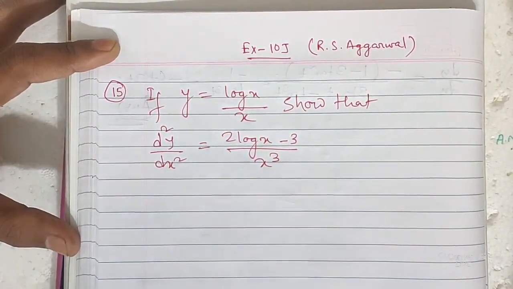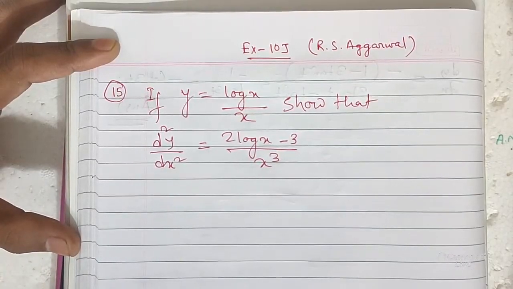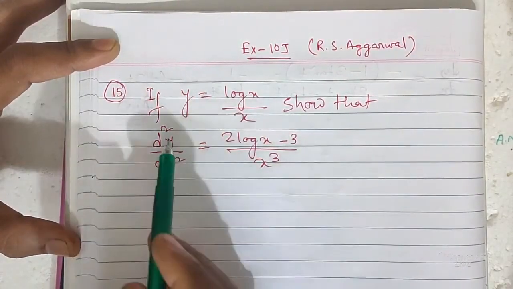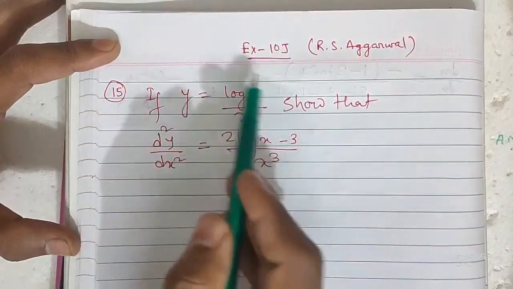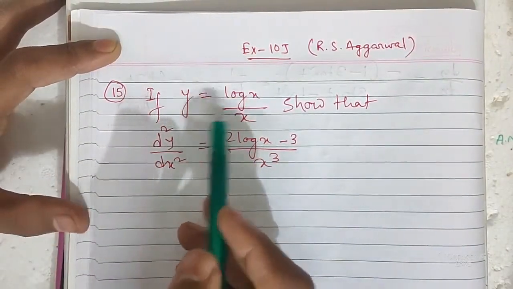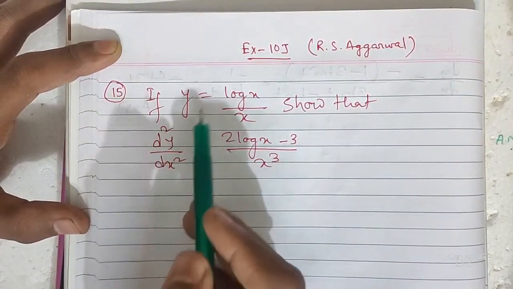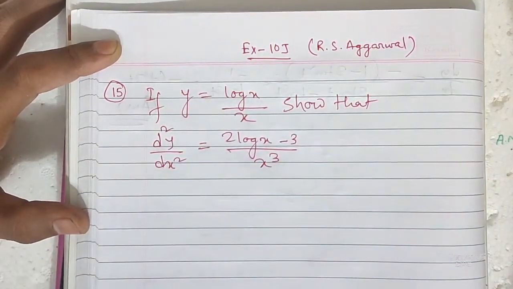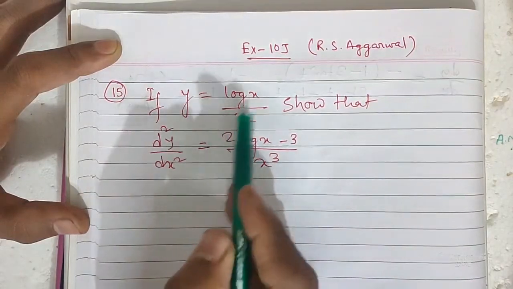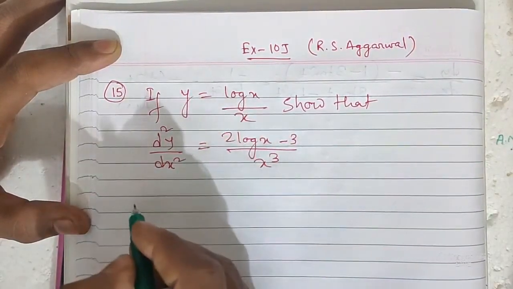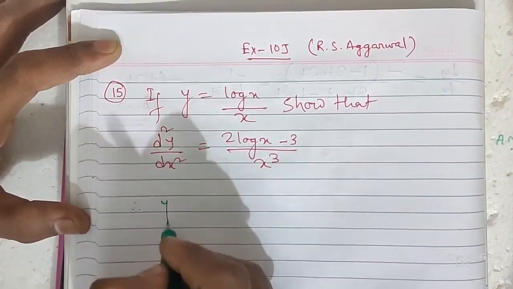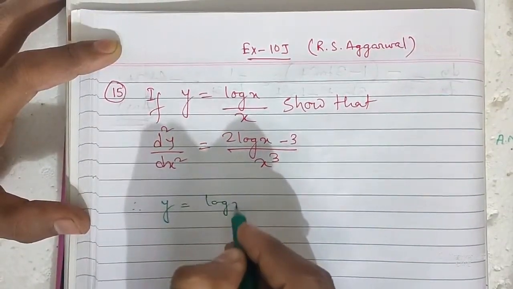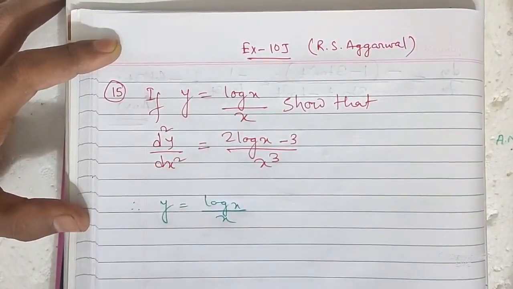As I told, second order derivative means we have to prove d2y by dx2. So first you have to find dy by dx from this given y. Differentiating this function with respect to x, we will get dy by dx. Here we can apply the u by v method. Therefore y equals log x by x, this is given.